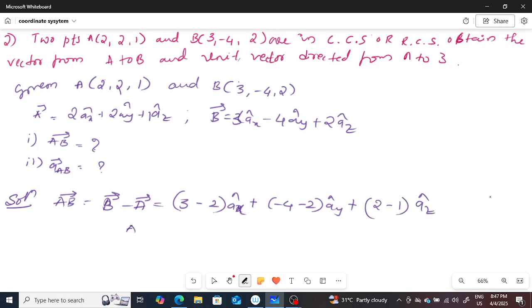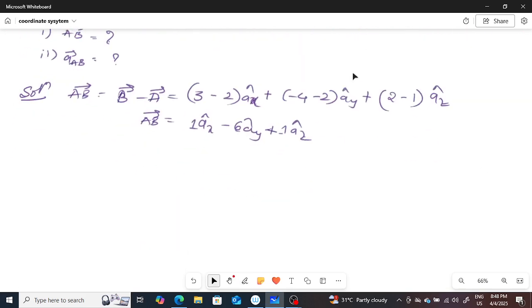So AB vector is equal to ax, because 3 minus 2 is 1, minus 6ay, because minus 4 minus 2 is minus 6, plus 2 minus 1 is 1 az. This is the first solution, that is vector AB.